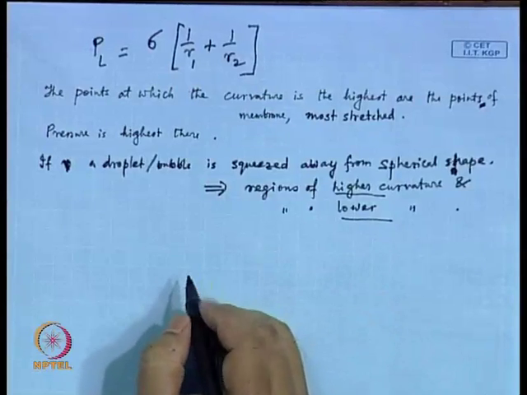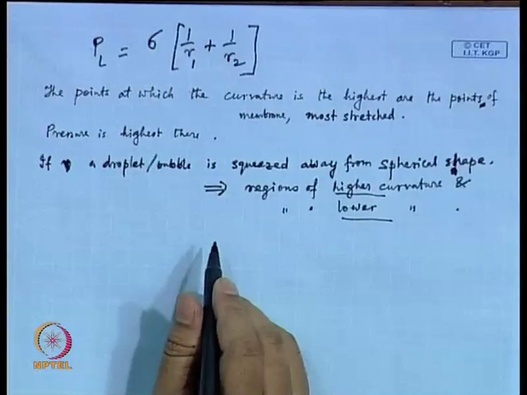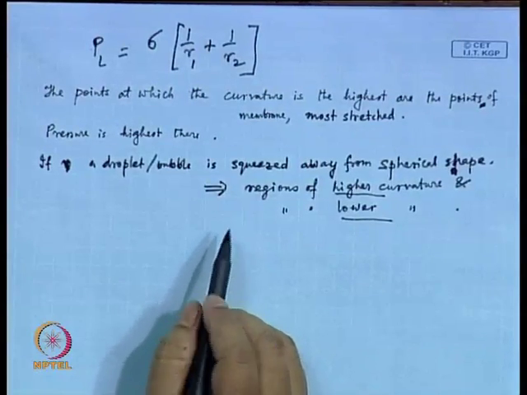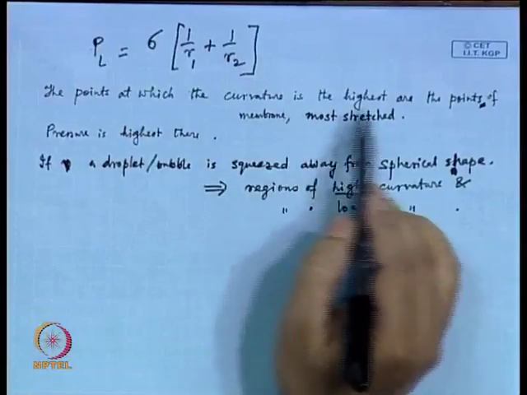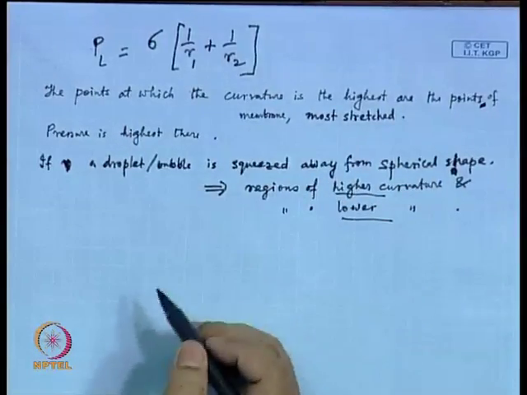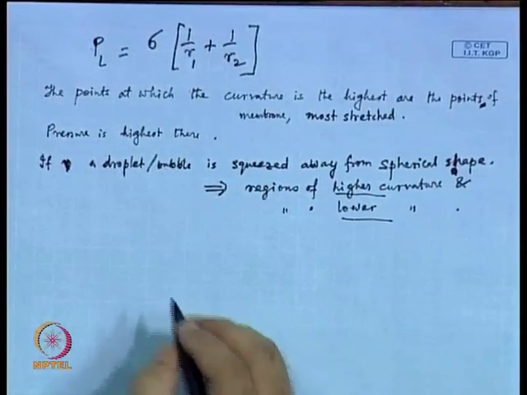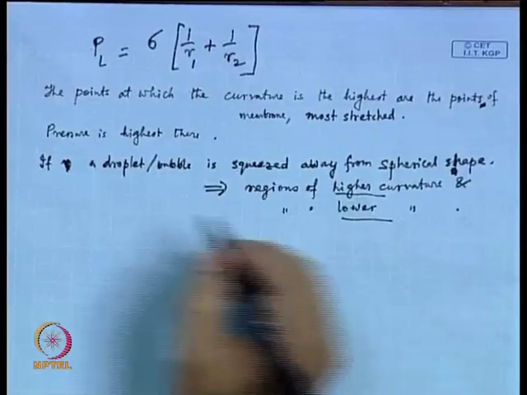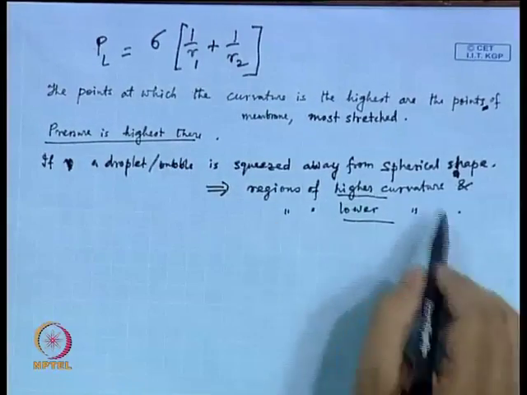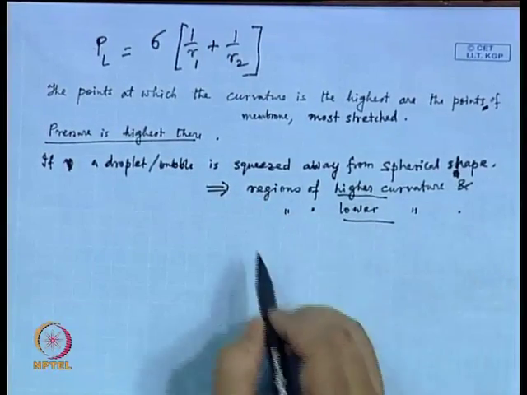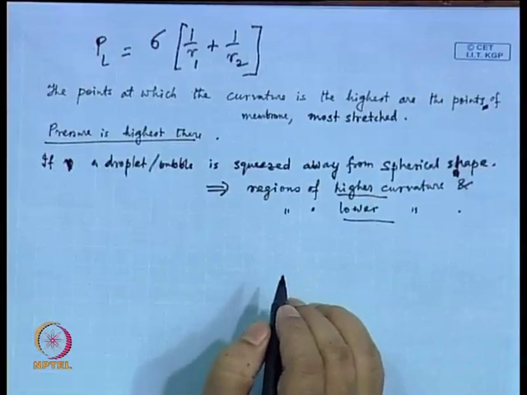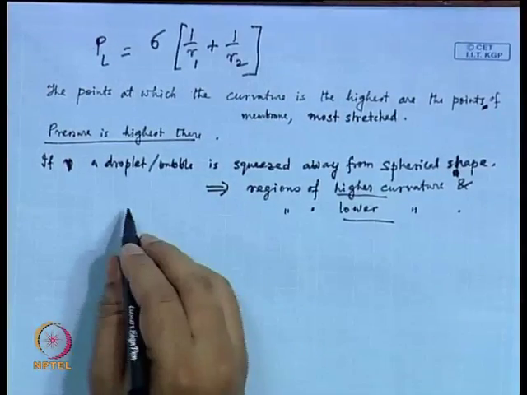So, automatically points at which the curvature is highest are the points of the membrane most stretched. Pressure is the highest there. So, automatically regions of higher curvature and lower curvature, there you will have an imbalance.